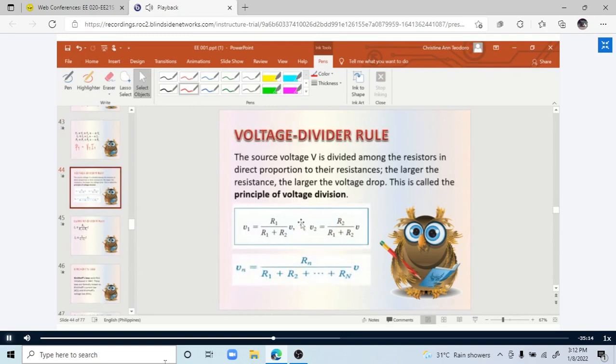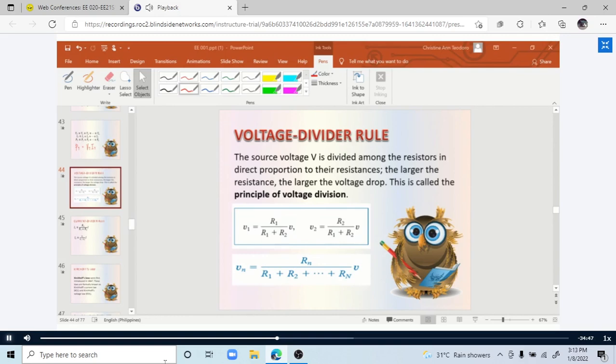Okay, voltage divider rule is applicable in what connection? When we say voltage divider rule, your voltage is being divided among your resistances. So where is it applicable?